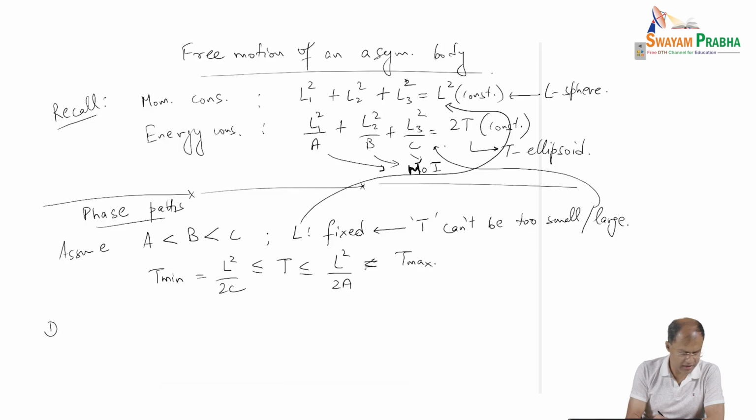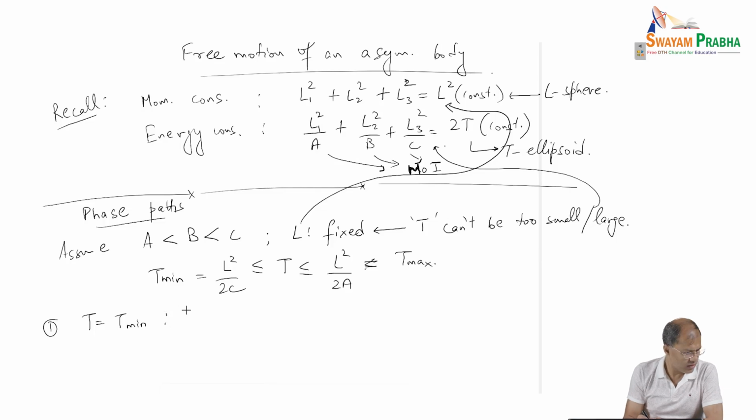So suppose T is the minimum kinetic energy, so suppose T is T min. Then we expect that the intersection of the L sphere and the T ellipsoid occurs at 2 points.